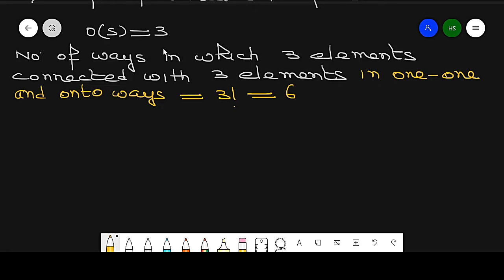So the number of permutations on S is 6.